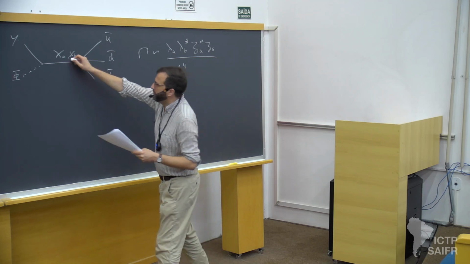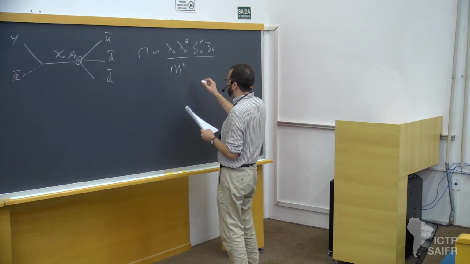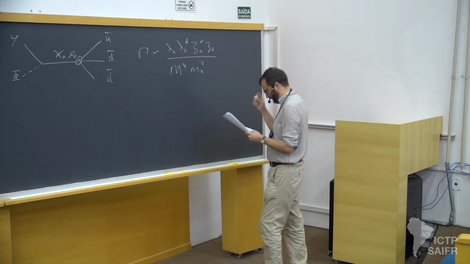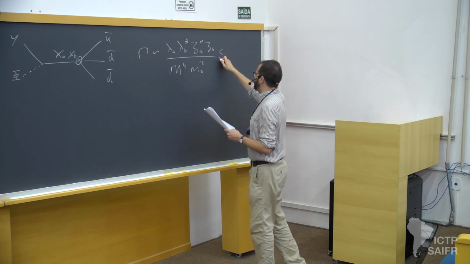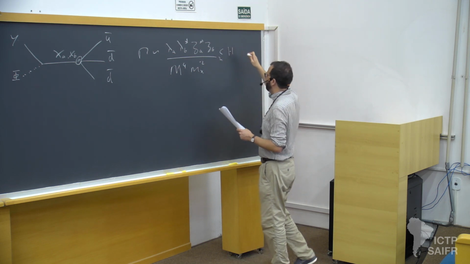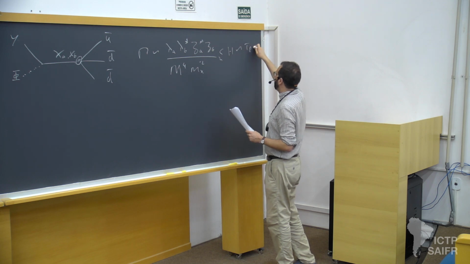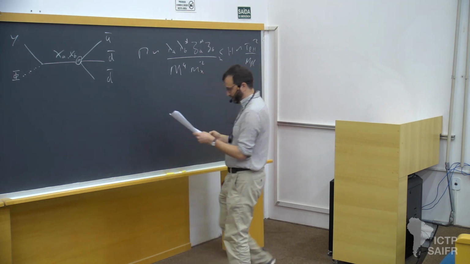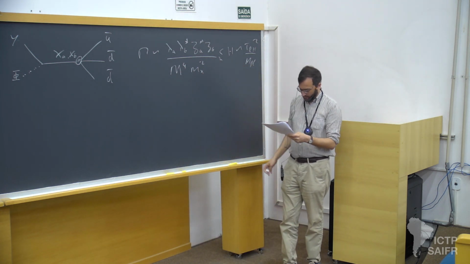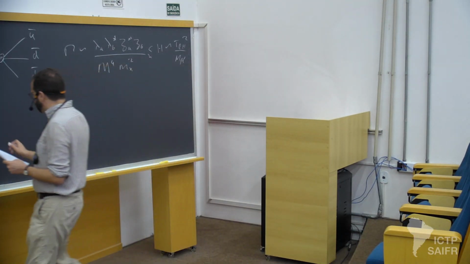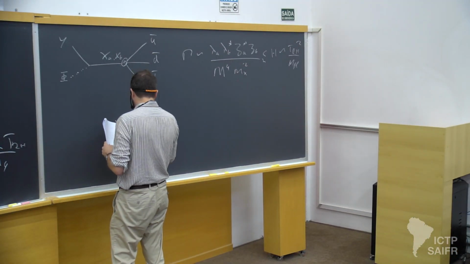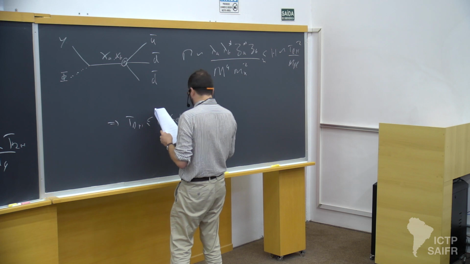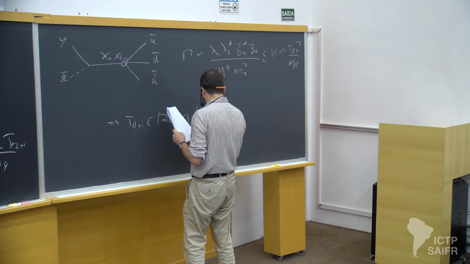And then from this fermionic propagator, when you do things carefully, you end up getting just a mass squared here, okay? And you can set this to be below roughly the Hubble scale at reheating, so that this process doesn't lead to washout, okay? And going through this, you find that T reheat should be below about 2 GeV when you normalize things to the TeV scale.